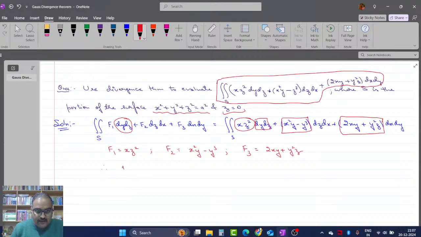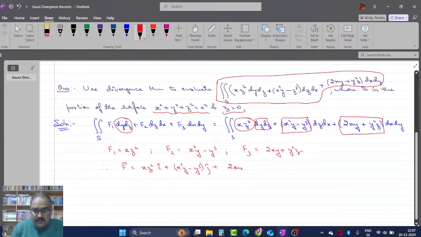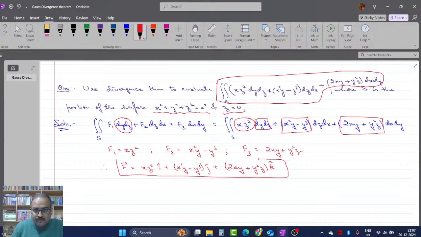Therefore we can write your F vector will be equal to x z square i cap plus (x square y minus y cube) j cap plus (2xy plus y square z) k cap. That is basically your F vector.